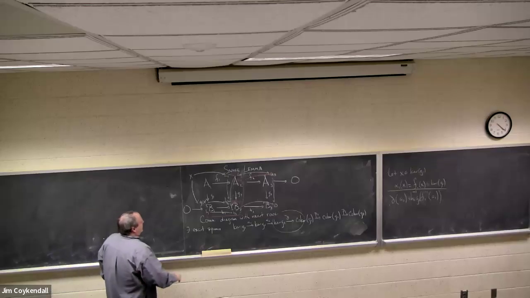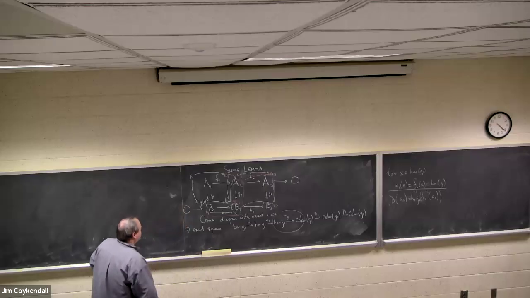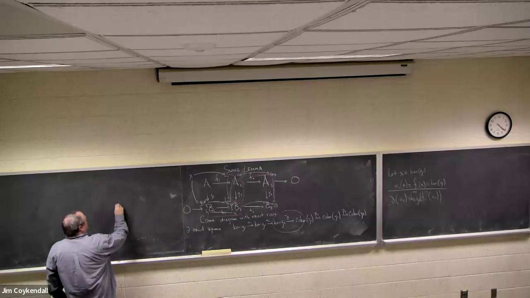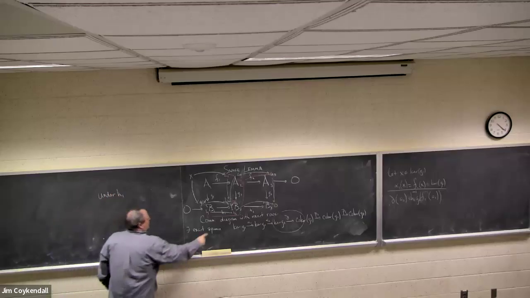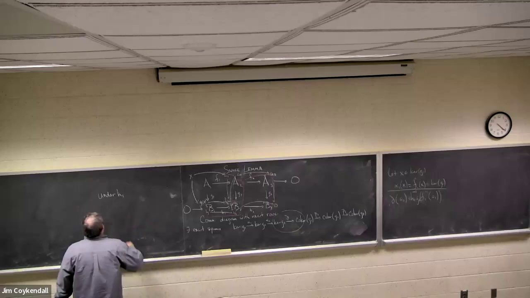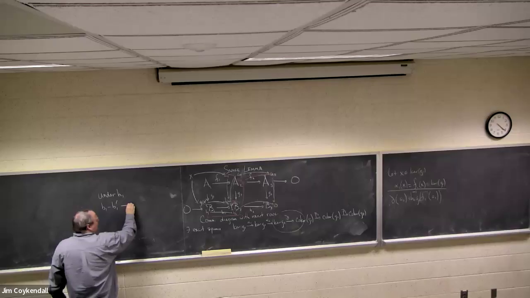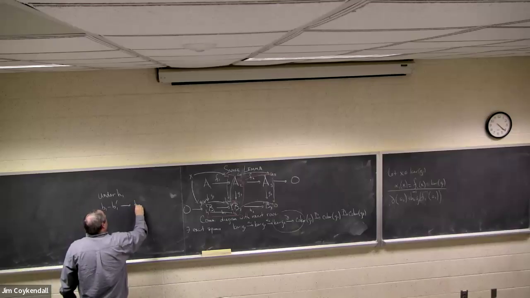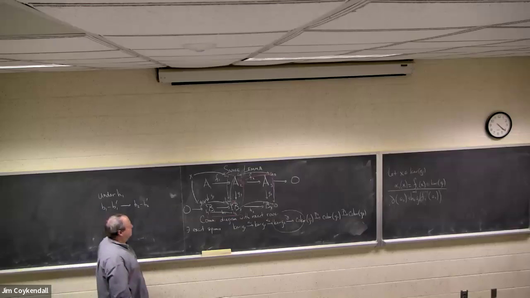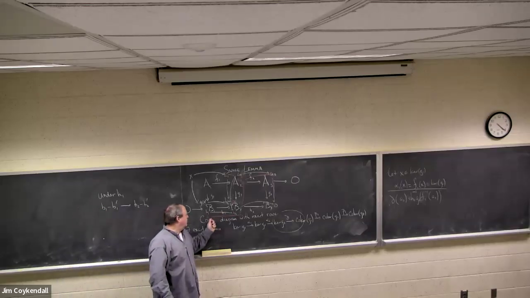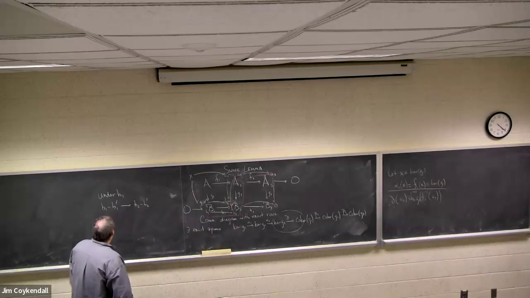If you look at B1 and B2, look at what happens under H1. B1 minus B1 prime goes to B2 minus B2 prime. Right? So B1 goes to B2, B1 prime goes to B2 prime. So the difference of these two goes to the difference of those two.